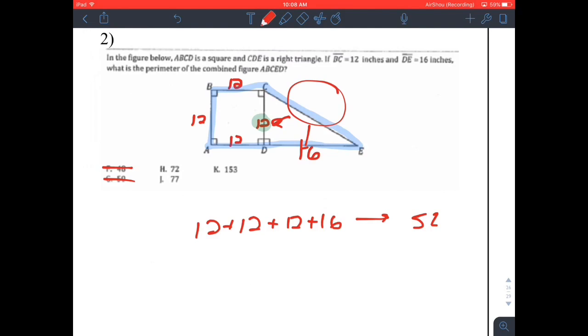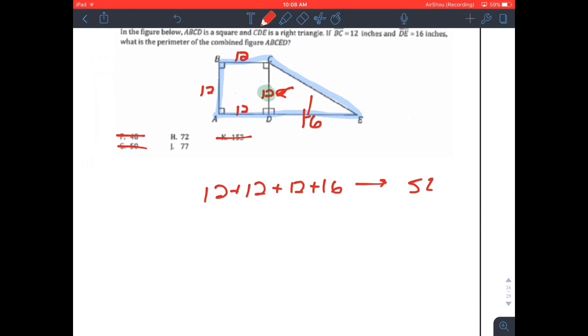So we need to find this other side. This other side's not going to be 100. That eliminates that. We're down to two choices, 72 or 77. For this triangle, you can find the length of this side in a couple ways.